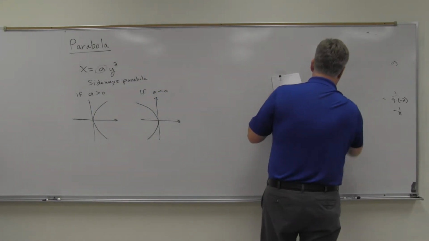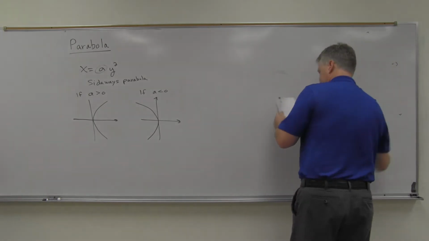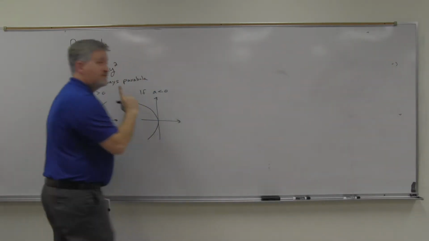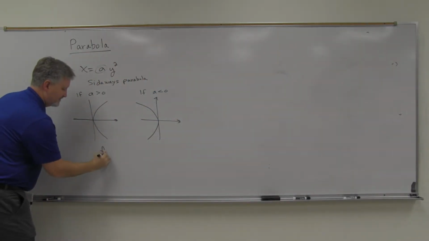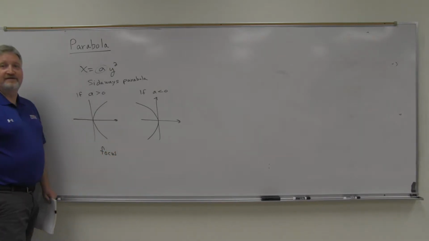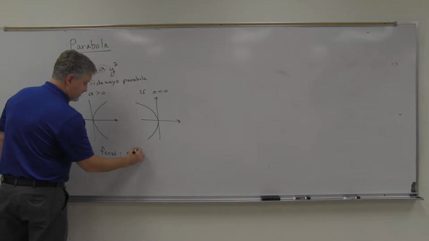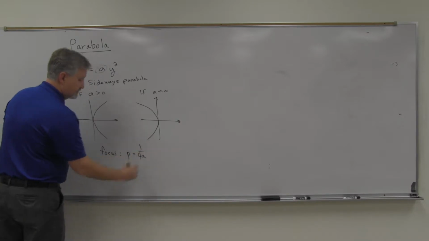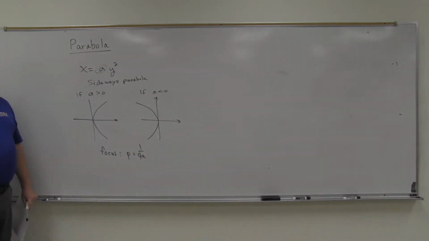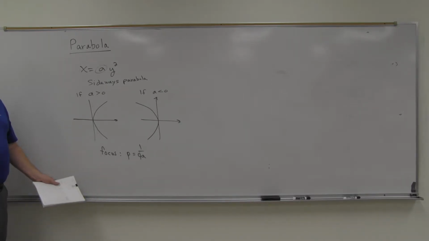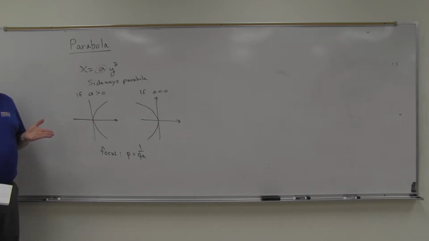Oh yeah, sorry, I did have one. The other good news is the focus, same formula. The formula I would like to use is p equals 1 over 4a. Same formula. Now, the one thing I haven't talked about here is where's the axis of symmetry on these?